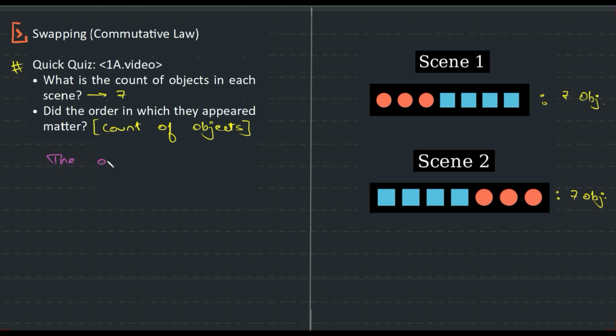So the order did not influence the total count of the objects. Okay, so that's that.